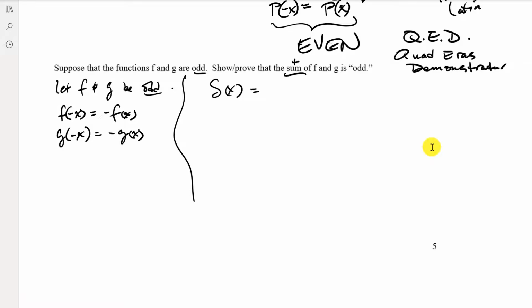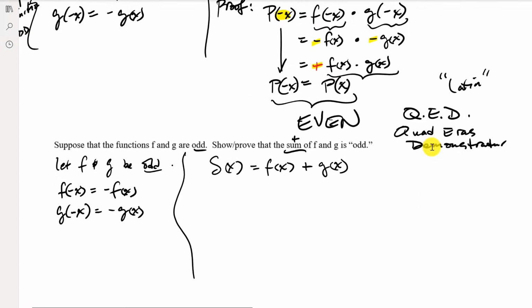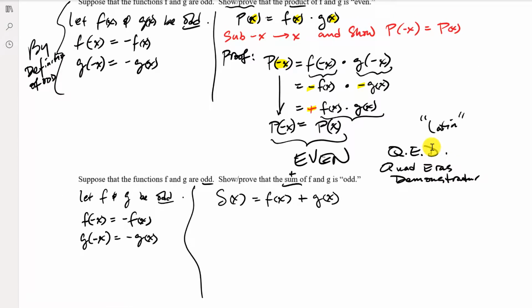So s of x is equal to f of x plus g of x. And I have to do what I did before. Let's look above here. I want to substitute a negative x in for x. So I sub negative x in for x and show that f plus g is odd. Show means prove.